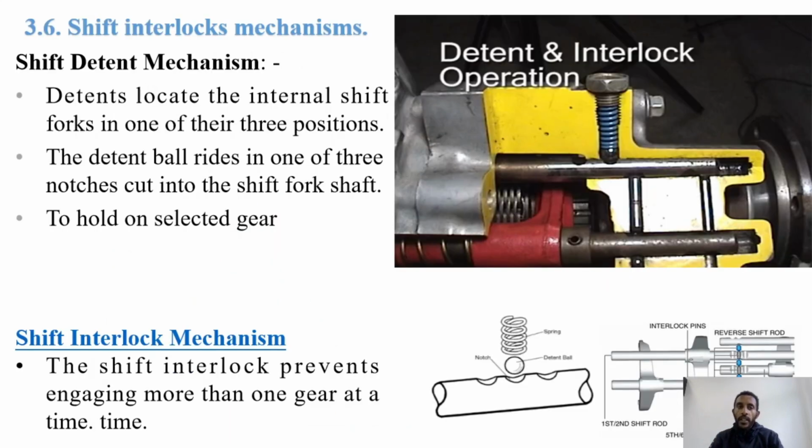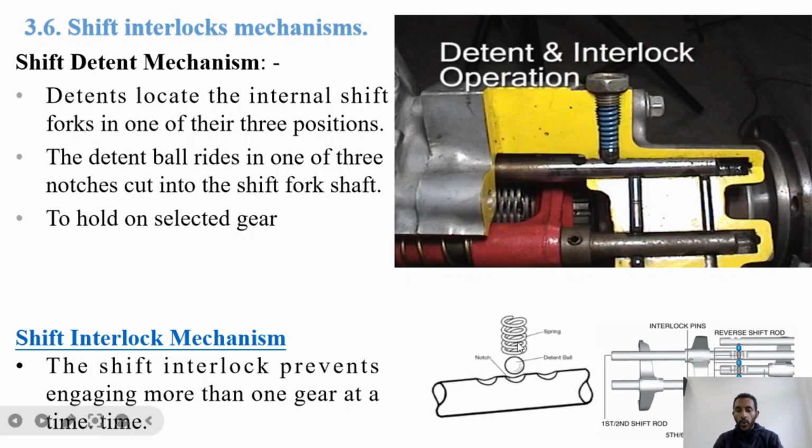The next one is the shift interlock mechanism. We may see it as a shift detent mechanism and a shift interlock mechanism. When we say shift detent mechanism, as you observe in this picture, it has two benefits. One, it keeps the selected gear in position, and it gives the driver a sense of whether the gear is engaged properly or not.